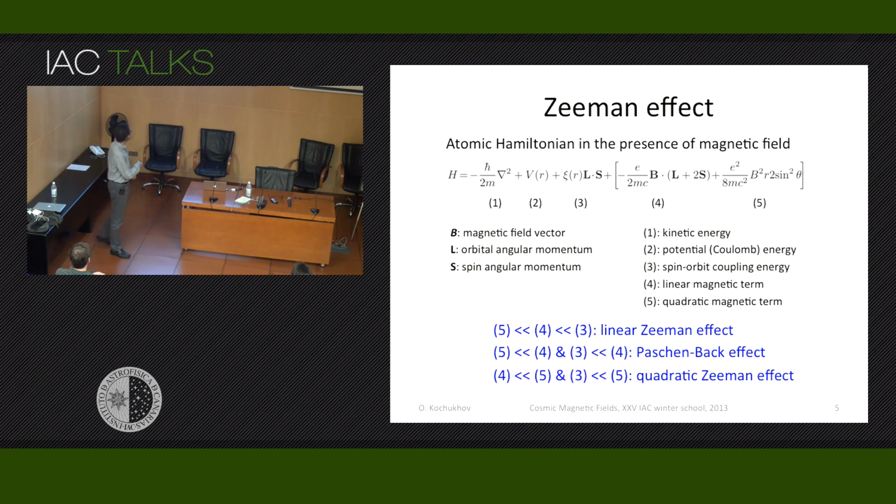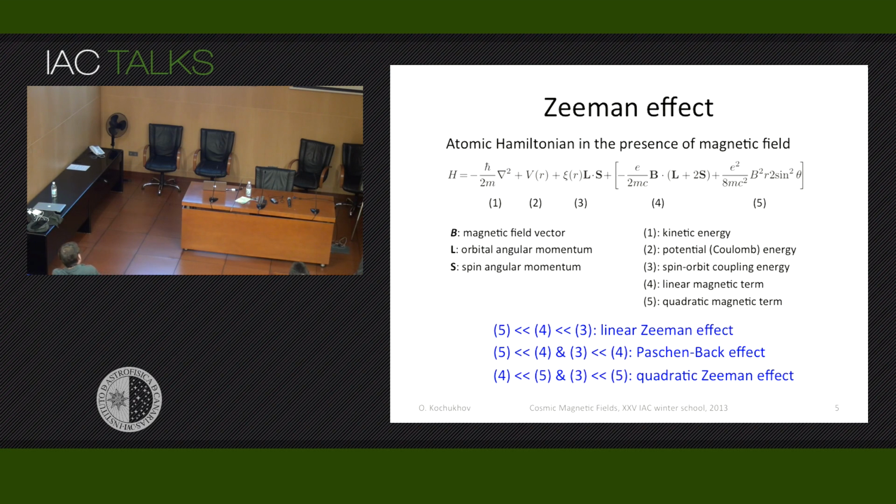And we have here B corresponds to the magnetic field vector, L is the orbital angular momentum, and S is the spin angular momentum. Now the important thing about this particular expression for the Hamiltonian is that the different magnitudes of different terms determine in which regime we are, and that makes a very big influence.